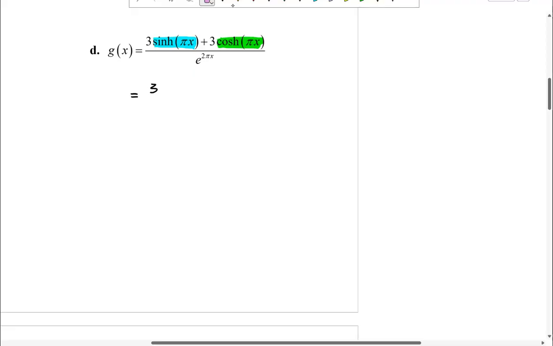In other words, for hyperbolic sine of pi x, we could write e to the pi x minus e to the negative pi x over 2. And then for hyperbolic cosine, we could write e to the pi x plus e to the negative pi x over 2.